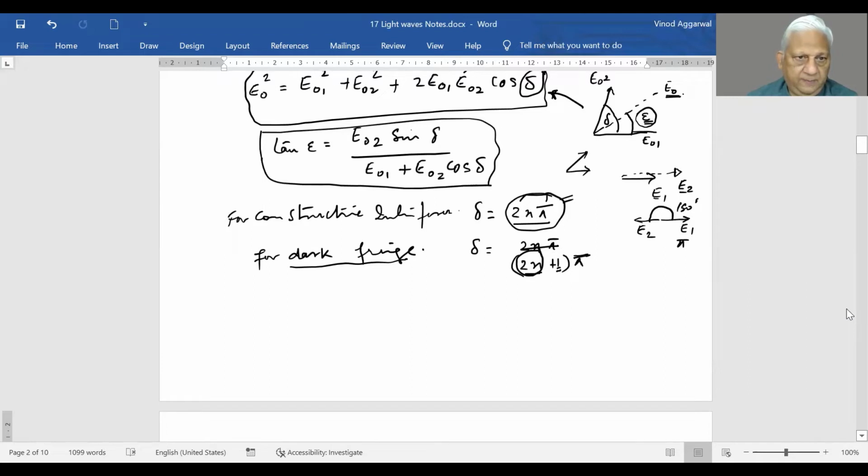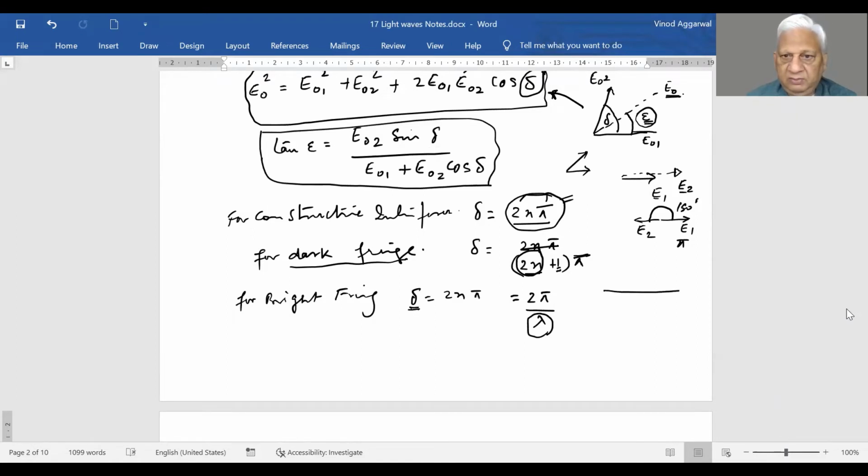Just to repeat, for a bright fringe, delta is 2n pi. Now we can write this delta in terms of path difference also. If we travel lambda distance, for example, traveling lambda distance means traveling one full wave.